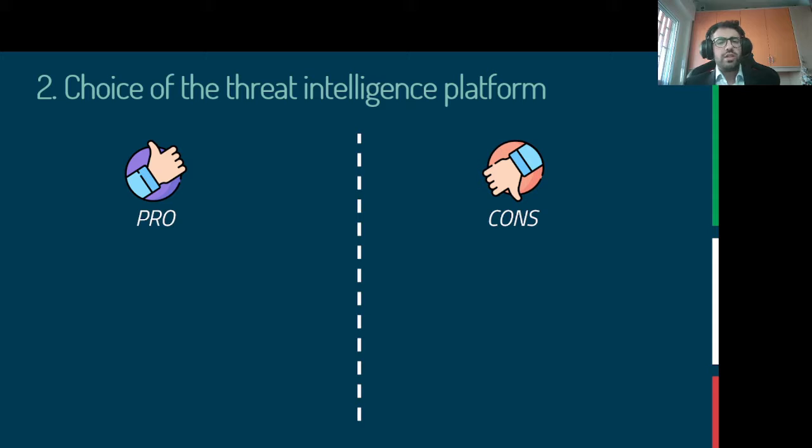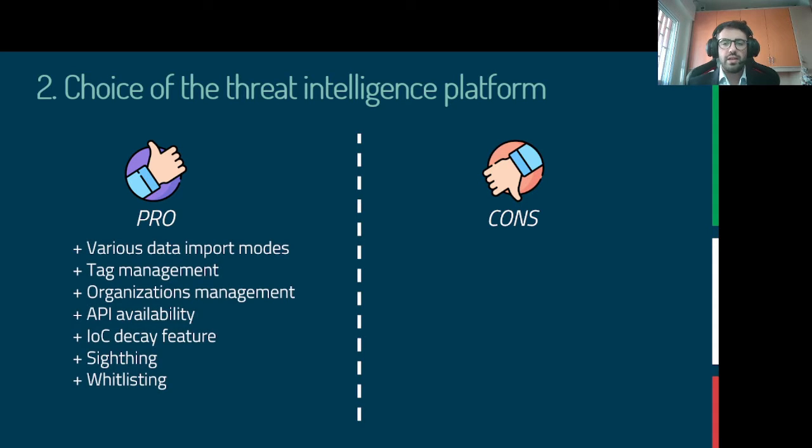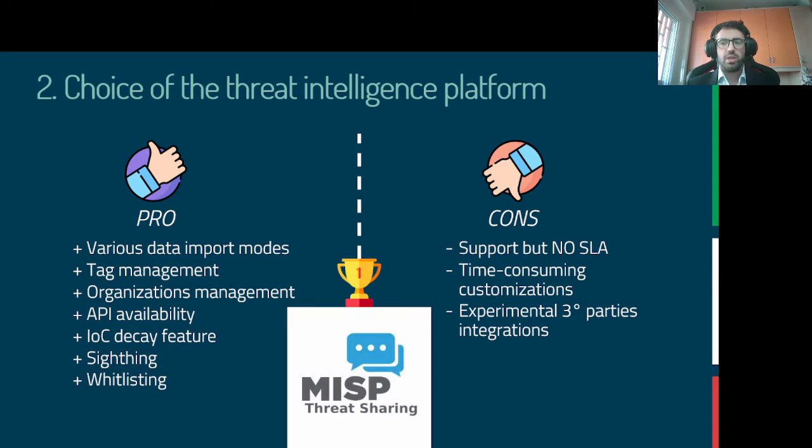Before choosing a threat intelligence platform, we studied some open source and paid projects. In the end, the choice fell on the MISP platform because there is the possibility of various ways of importing data. There is a tag and organization management system.